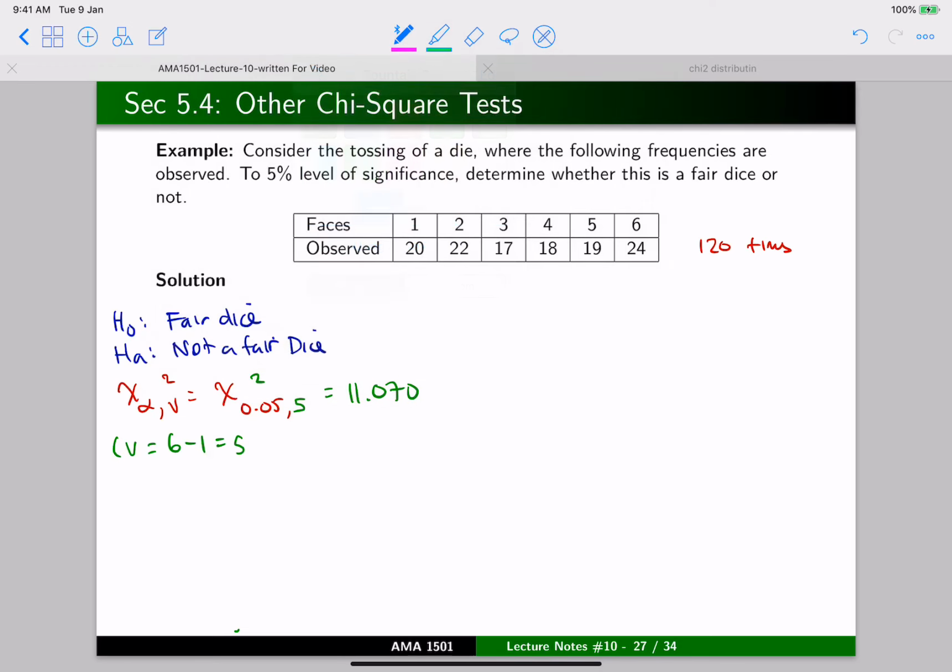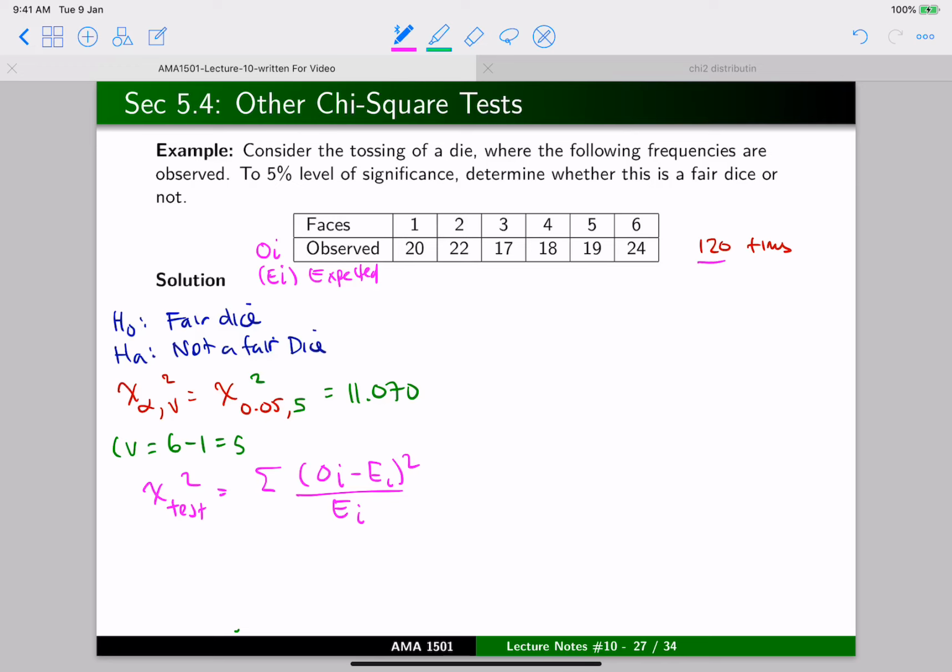Now let's calculate our chi-square test statistic, which remember is the sum of the squared differences between observed and expected values, divided by the expected values. These are the observed values, which we label O_i. The expected values, E_i: since we tossed the die 120 times, we should expect that the probability of landing 1, 2, 3, 4, 5, or 6 is the same.